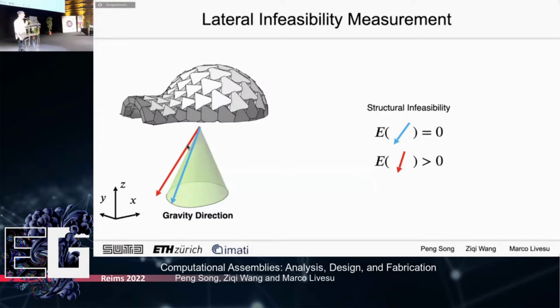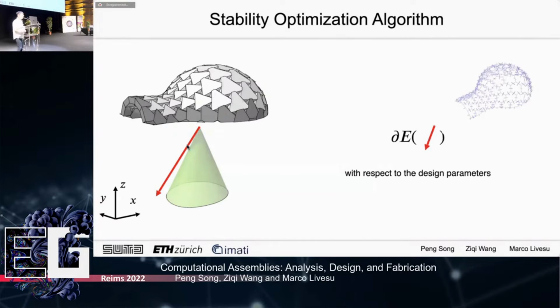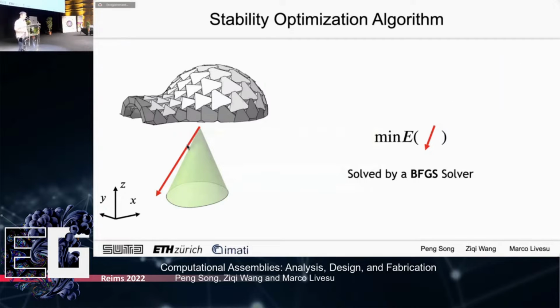But for the red arrow, it's outside of this cone, so the infeasibility energy is non-zero. From the previous slides, we know we can use sensitivity analysis to compute the first derivative of the infeasibility energy. Then we can use a Gauss-Newton method to solve this energy minimization problem, and we can bring the red arrow into the cone.